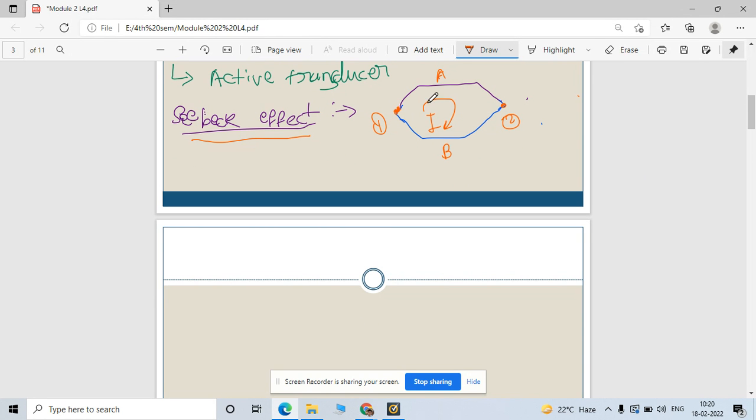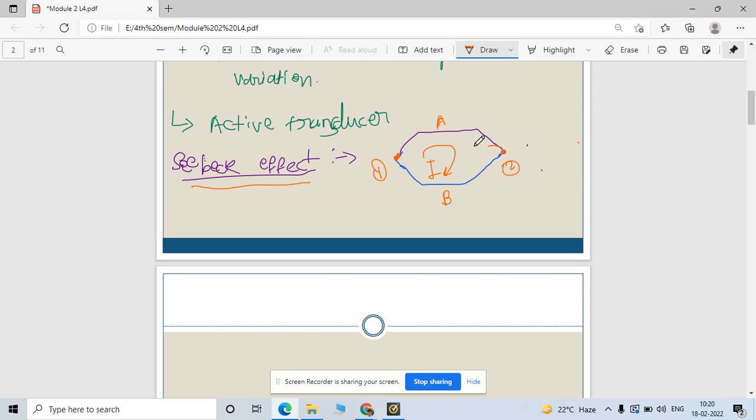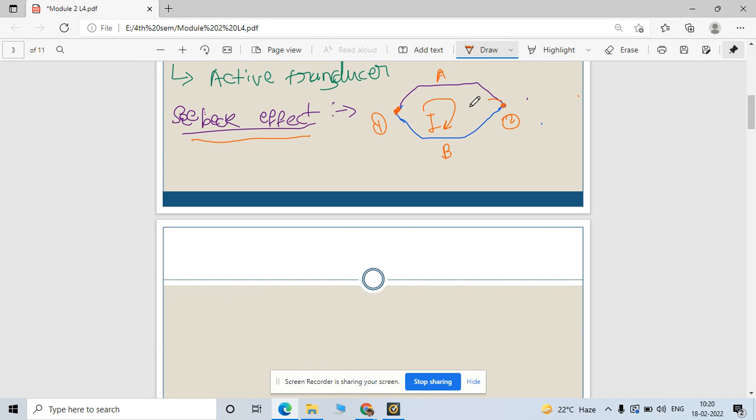Why is the circulating current flowing due to the difference in temperature? That reason is explained by the Peltier effect, and the circulating current flowing in the circuit is observed by the Seebeck effect. Okay, if current is flowing, it means a potential is created, only then such a condition arises.